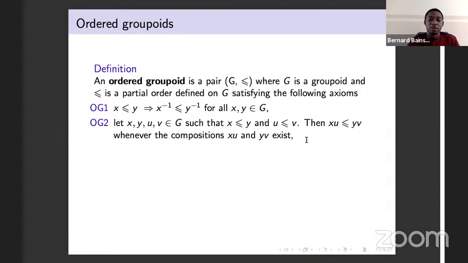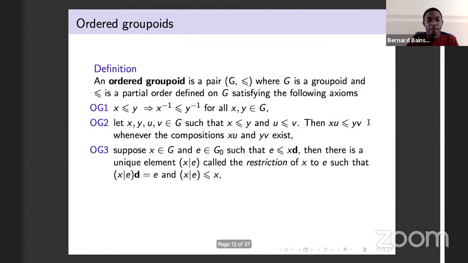So it is not all the time that we are able to compose morphisms within G. And so if xu and yv do not exist, then this wouldn't happen. But once they do exist, then xu should be less than or equal to yv.